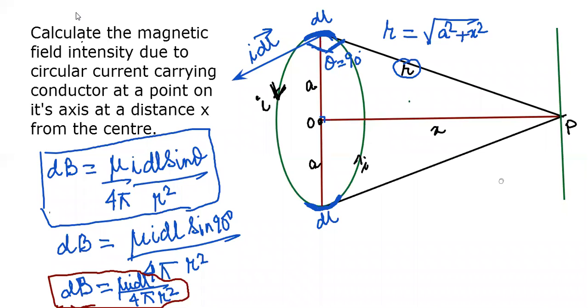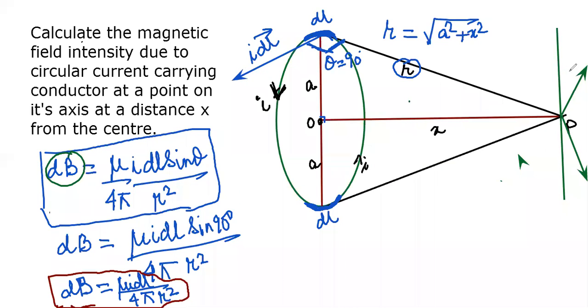The direction of the magnetic field, very important, children, will be perpendicular to this radius vector. So I can draw like this. This is the direction of the magnetic field. This is the direction of the magnetic field due to the lower part of the dl. So these are the directions of the magnetic field, and this is the magnetic field dB.